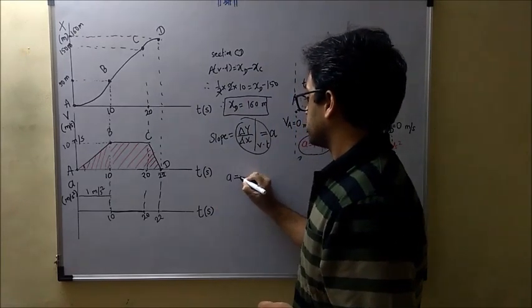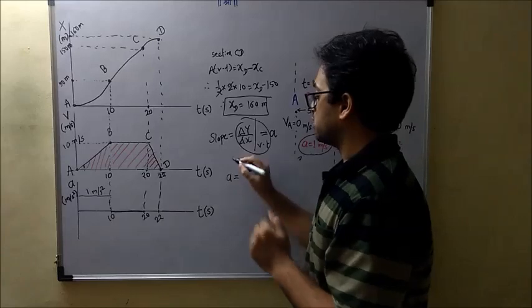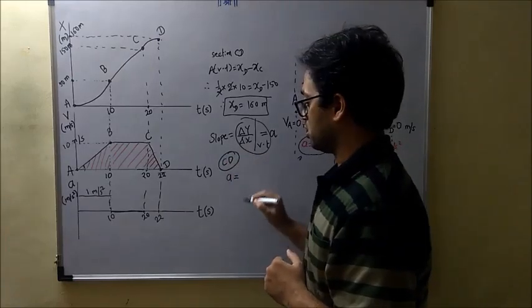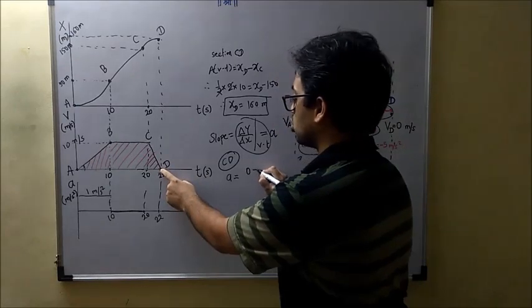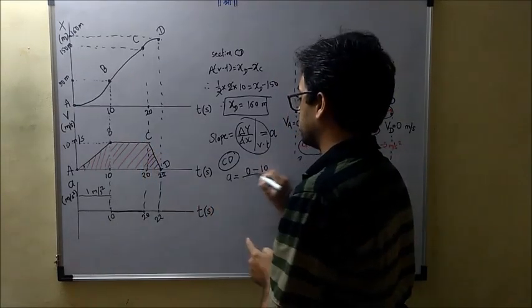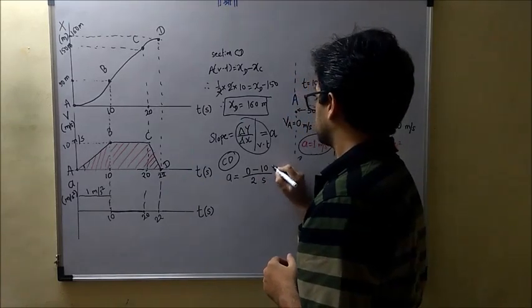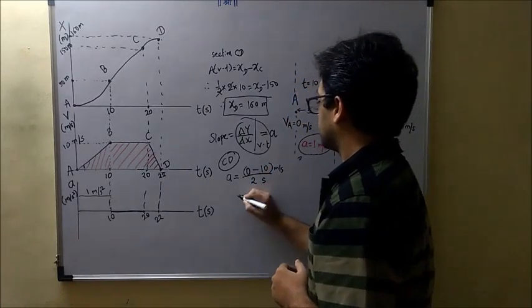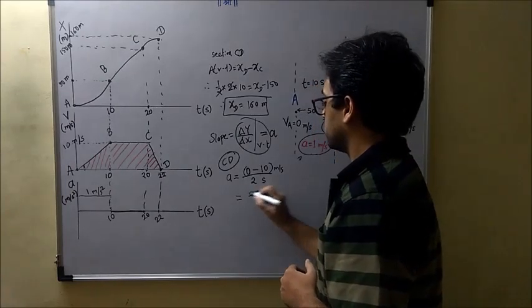Slope, that is acceleration, is equal to change in y. Change in y is y final minus y initial. We are talking about the CD section. So what is your velocity at D? It is 0, minus velocity at C, which is 10, divided by change in x of 2 seconds. This is meters per second. So you will get minus 5 meters per second square.